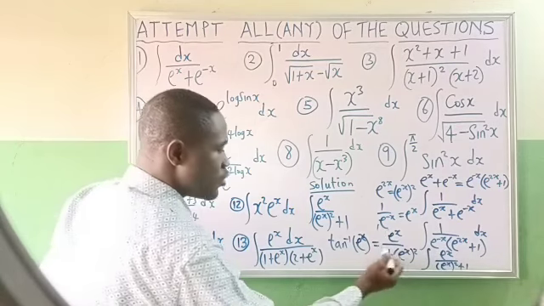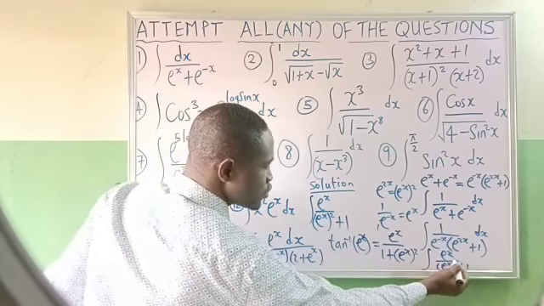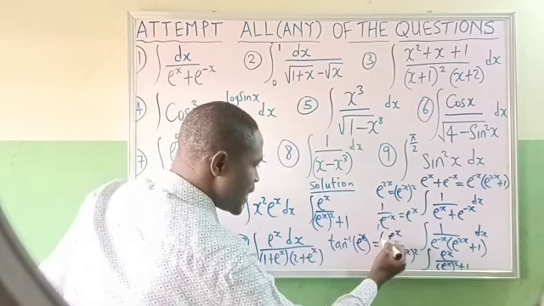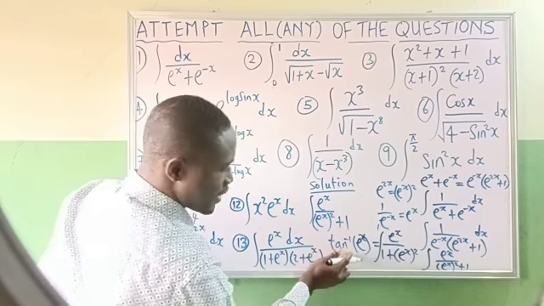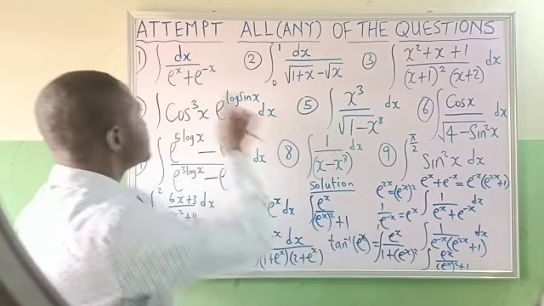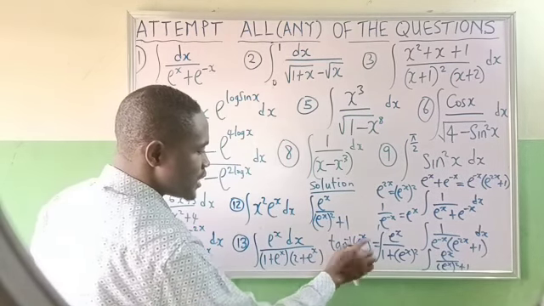Note that 1 plus e^x squared means e^x squared plus 1. So if I integrate this, I will get this. That means the integration of this simply means tan inverse of e^x plus c.